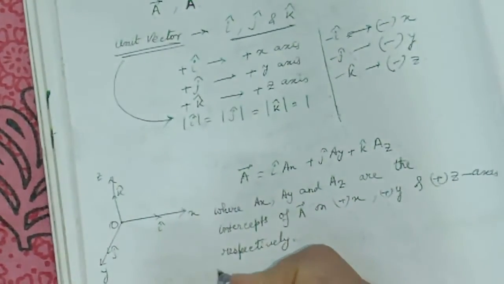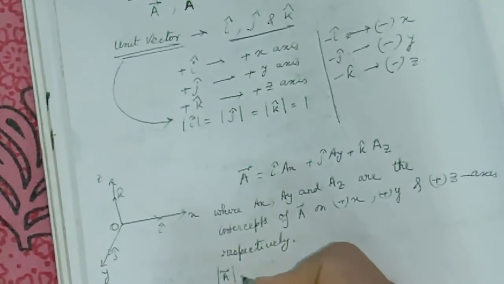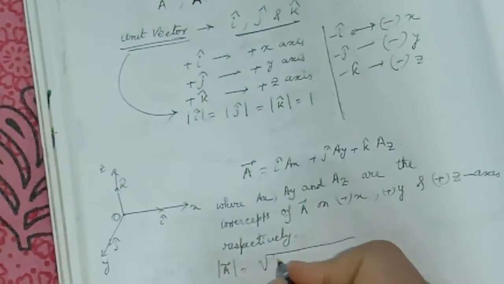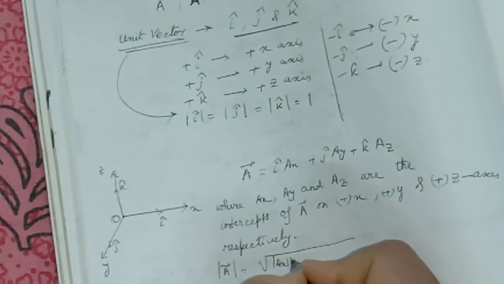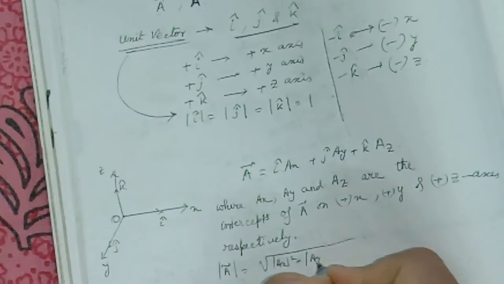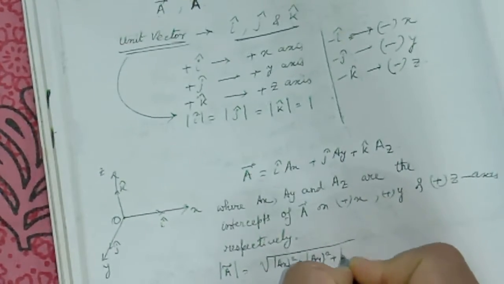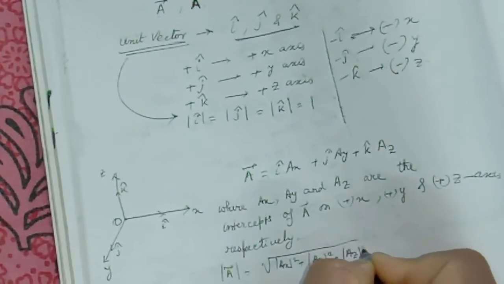And the magnitude of the vector is given as root under mod Ax square, mod Ay square and mod Az square.